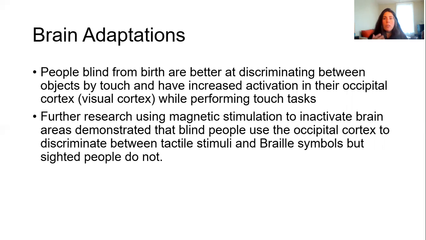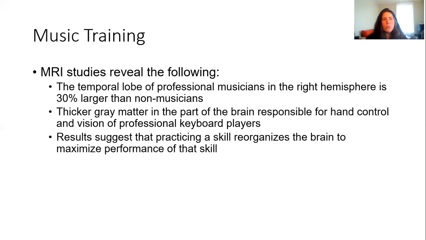When you do that to the occipital lobe while blind individuals are trying to read Braille, you disrupt that functioning. And then we conclude there's a correlation between touch information in blind individuals and the occipital cortex. You do that same experiment with sighted people and you don't get the same results.